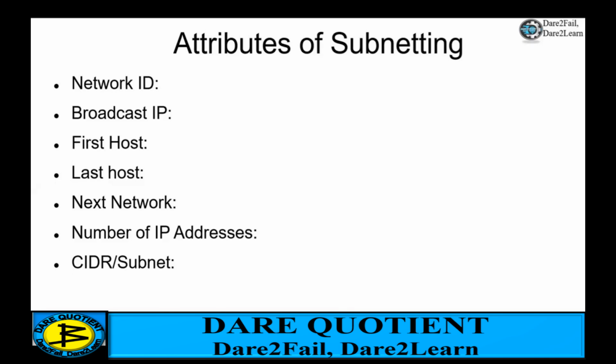So I'd like everyone to write these formulas down as we're going to use them to create our own cheat sheet. Network ID, that is our first IP address in the subnet. Our broadcast IP is the last IP address in each subnet, and it is the next network minus 1.